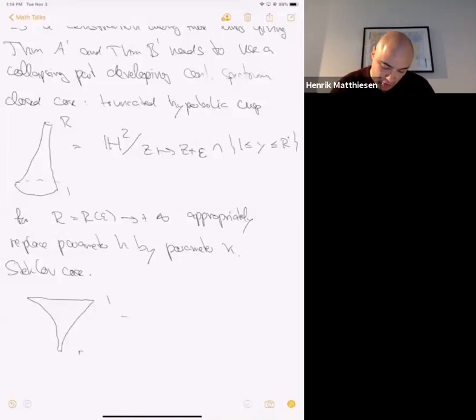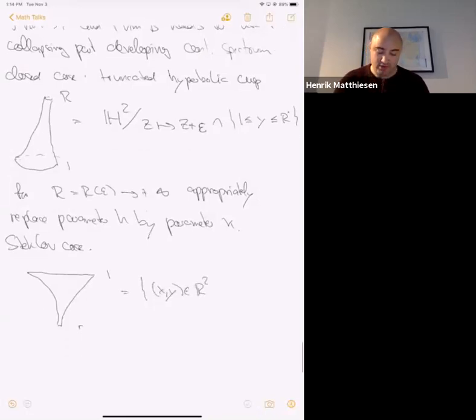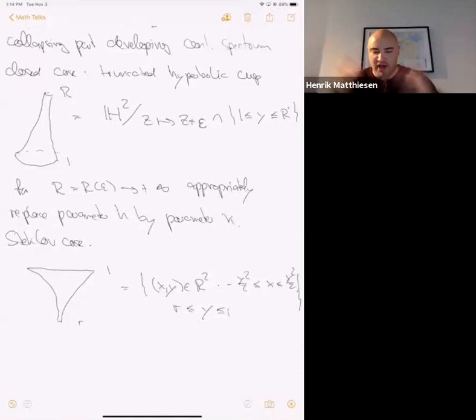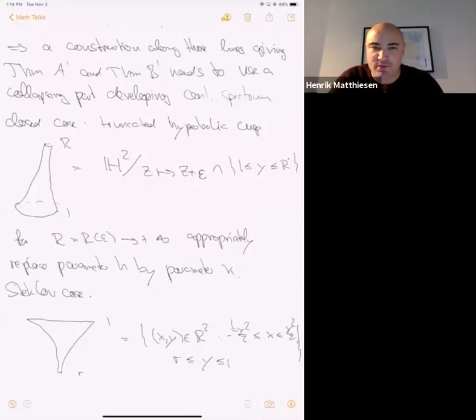These are the points in the plane where minus y squared divided by 2 is at most x, which is at most y squared divided by 2, and r is at most y, which is at most 1. Again you have to scale appropriately and introduce a parameter here which replaces the curvature. Now you can imagine that proving things will be horribly technical, because the accumulating number of eigenvalues will give you a headache.